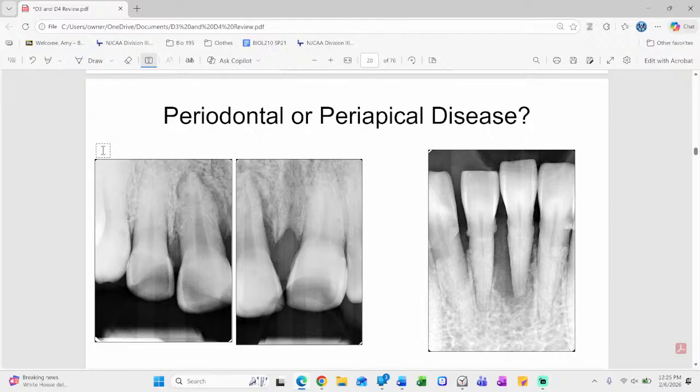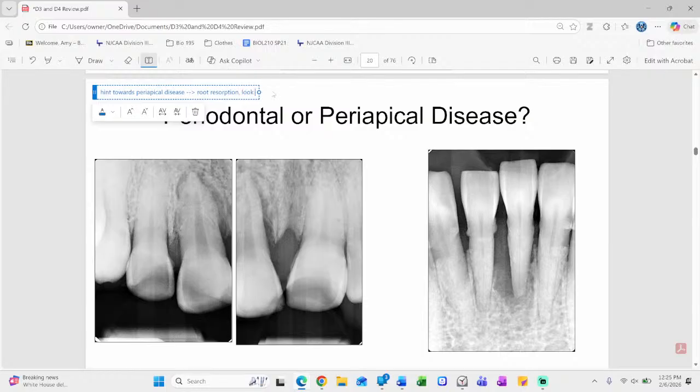What things are going to hint towards periapical pulpal disease? Root resorption, maybe, right? And I'd say we have a little bit over here, root resorption. But what else is going on in the tooth that's going to lead you to a pulpal? Big caries, right?